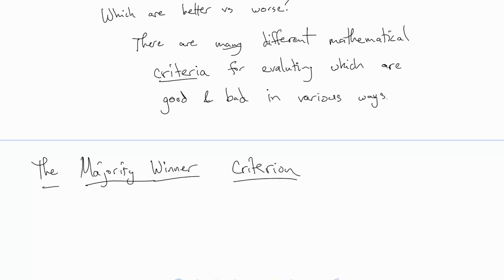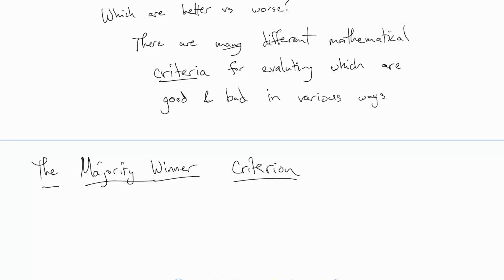Here I have another bit of an announcement, I suppose. In the past, when I taught this course last year, we actually talked about 4 different criteria for deciding whether various methods are fair or not.